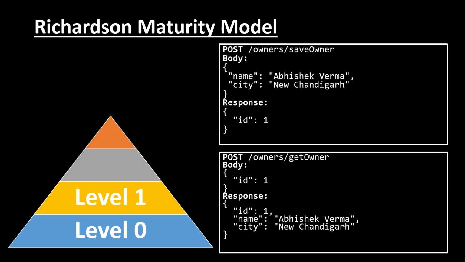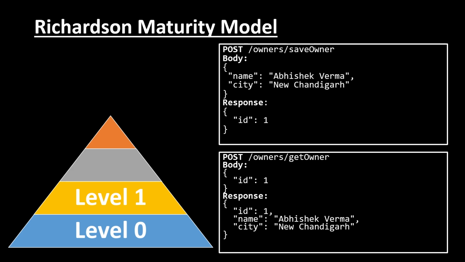Now again, you will relate that when we actually started with this RESTful, at that point of time, there was a confusion to us whether with the help of post, can we save the owner, get the owner, and do all the things. So I showed you that also, that just with the help of post, you can do all the operations. There is no need as such to go for post, get, put, delete, or patch or something like this.